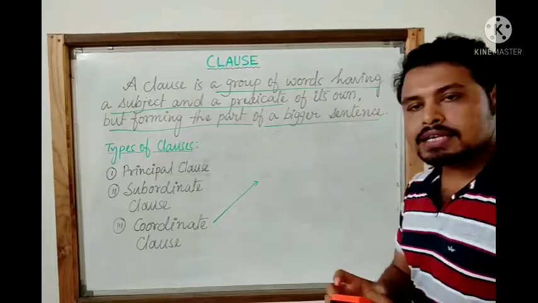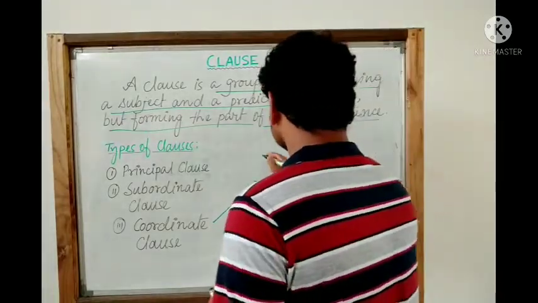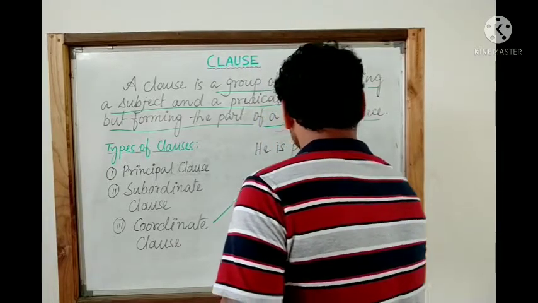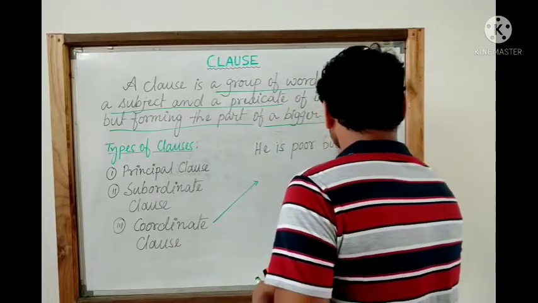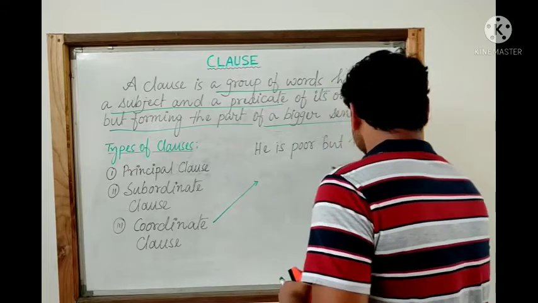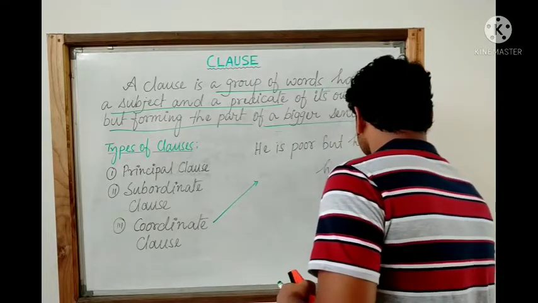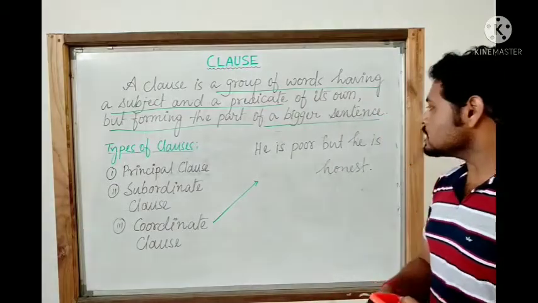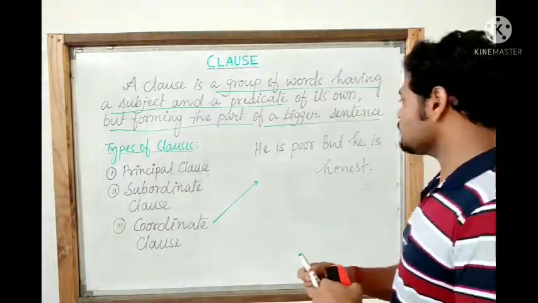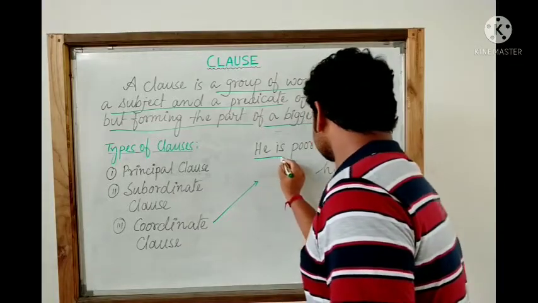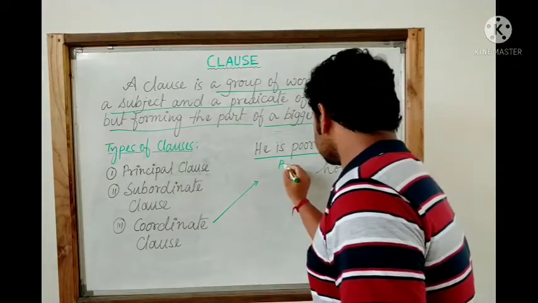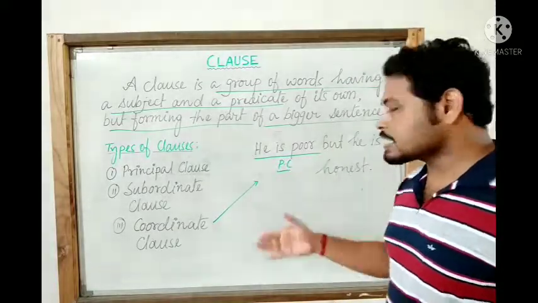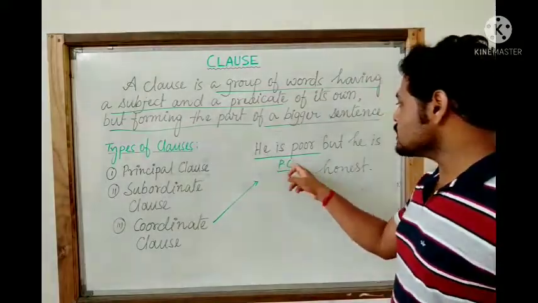If we try to write like this, he is poor, but he is honest. Now let us see. He is poor. So we can see here we have a principal clause or independent clause, because it can express its own meaning. He is poor.